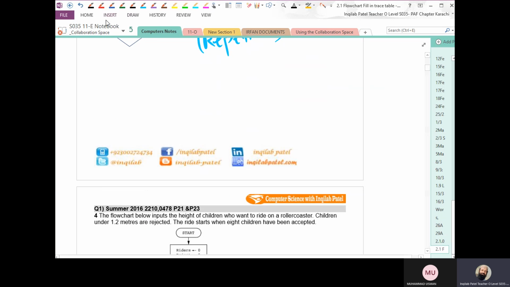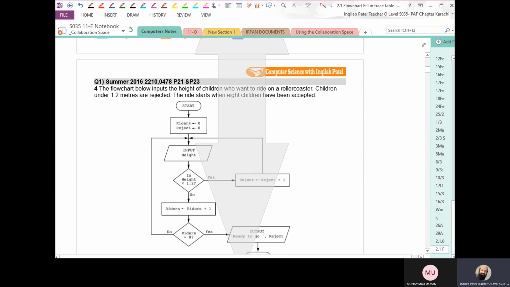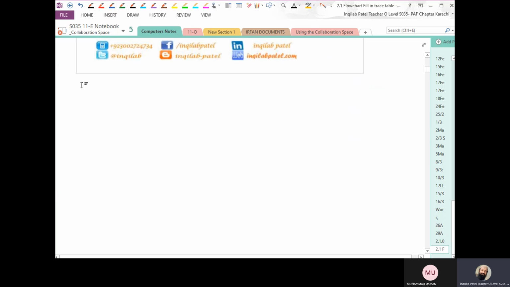For example, a question is given to us. We are asked to input 5 numbers. Problem is: input 5 numbers and output about each number positive or negative.